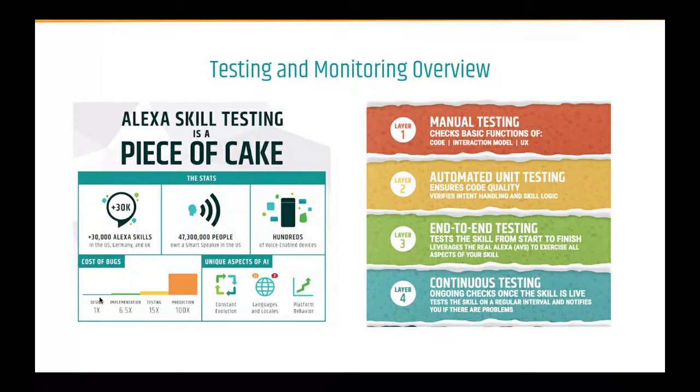One thing in particular I would highlight is the cost of bugs, this little chart here. What you see is that the cost of a bug found during the design phase is 1/100th of one found during production.